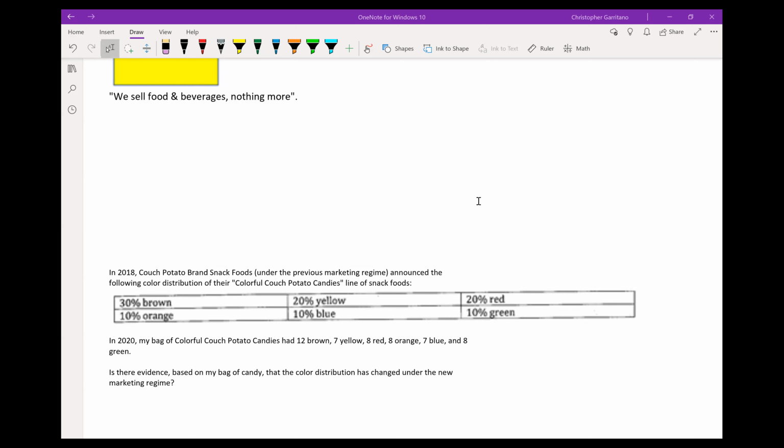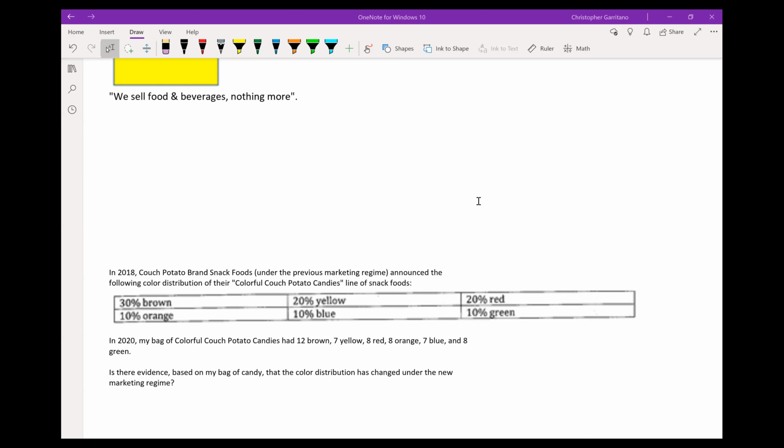So continuing on, in 2020, my bag of colorful couch potato candies had 12 brown, 7 yellow, 8 red, 8 orange, 7 blue, and 8 green. So I have this one sample of these candies, and you can see the count or the frequency of the colors within my bag.